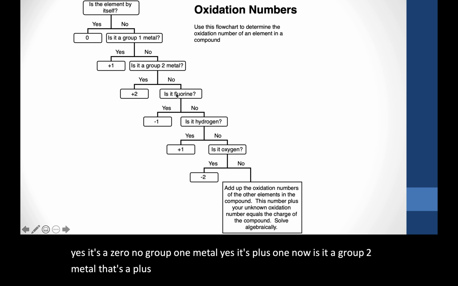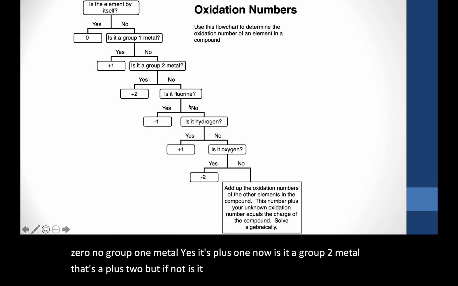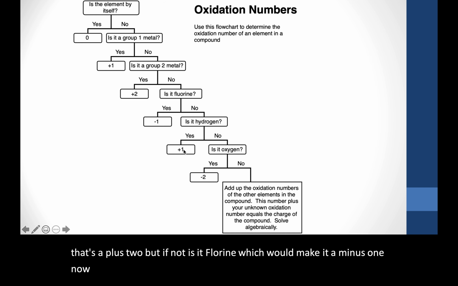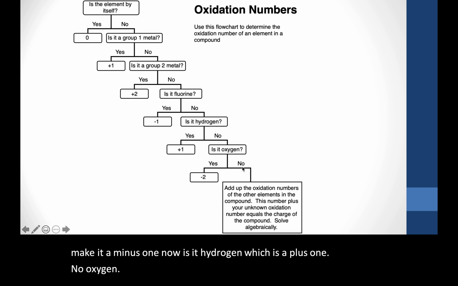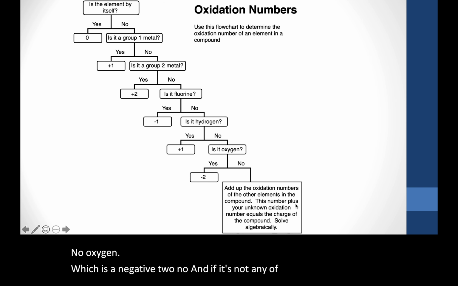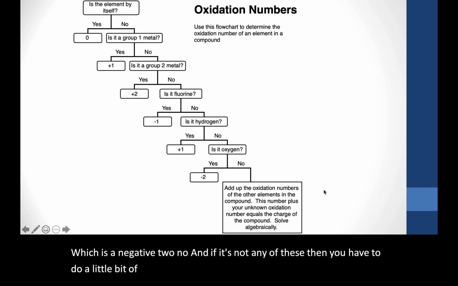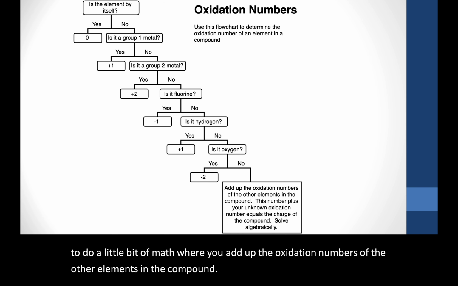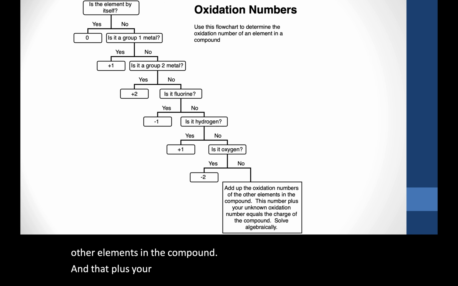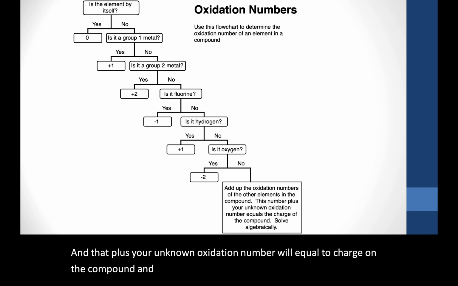But if not, is it fluorine, which would make it a minus 1? No. Is it hydrogen, which is a plus 1? No. Oxygen, which is a negative 2? No. And if it's not any of these, then you have to do a little bit of math, where you add up the oxidation numbers of the other elements in the compound, and that plus your unknown oxidation number will equal the charge on the compound, and you need to do very simple algebra there.